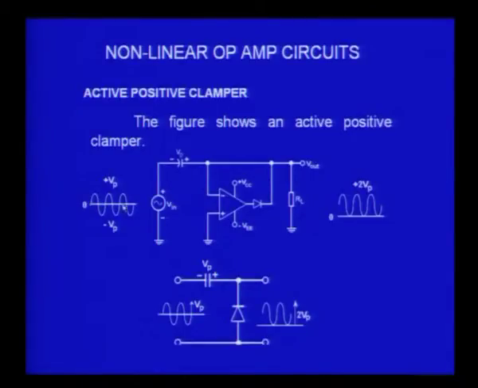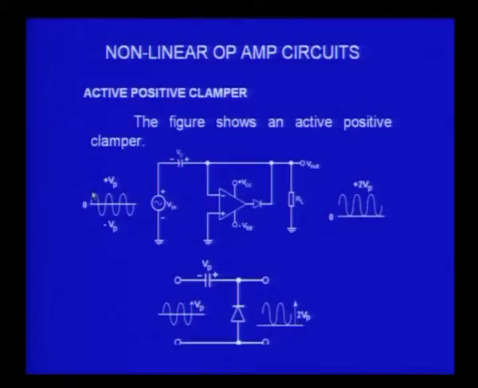For example, on the screen you can see a sine wave which is symmetric with reference to the ground, the common point. The excursions are equal on both sides, plus V peak and minus V peak for maximum values, and you can see it goes back and forth on both sides of the ground.